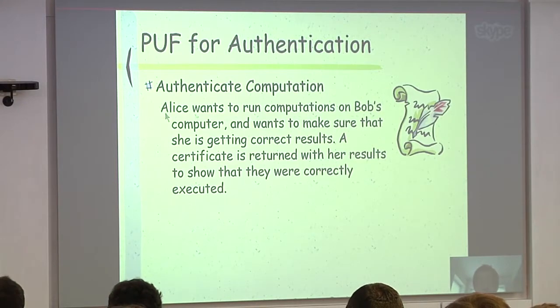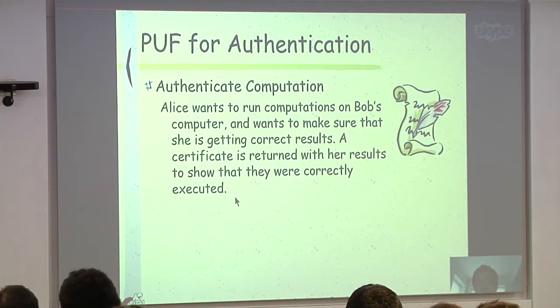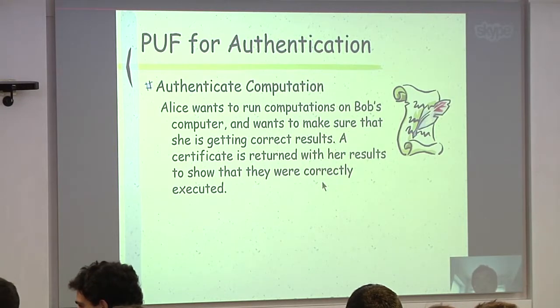In this case, if Alice wants to run a computation on a server's computer, and she wants to make sure it's the right result, or that the right server did the work, a certificate based on the server's PUF can be added into the results. And then Alice can authenticate that PUF and eventually authenticate the server and the result.